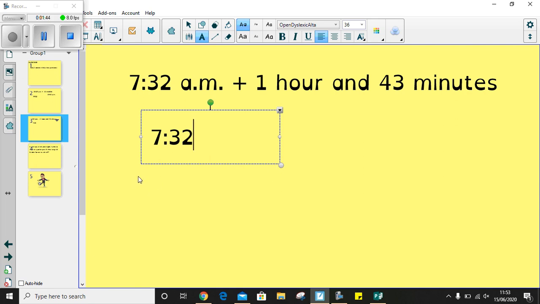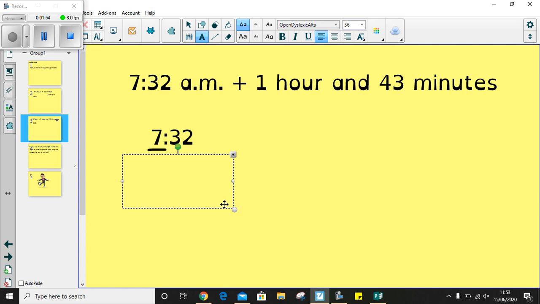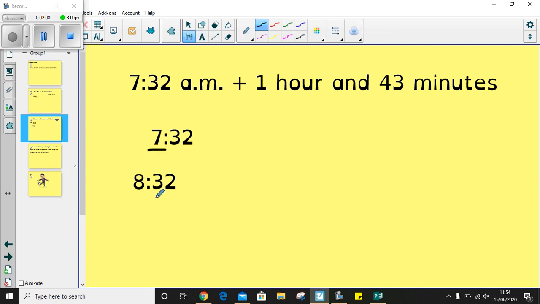So I know that I need to look at my hours here. If I add 1 onto 7, we all know that that will equal 8. So I have now got 8:32. I then need to add 43 minutes onto 8:32. So I'm going to look now at my minutes over here.